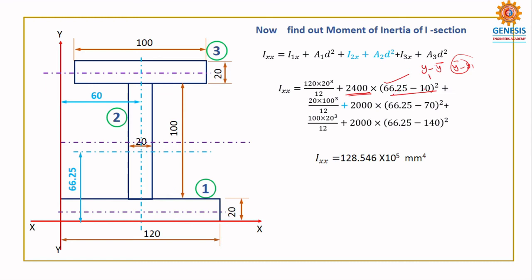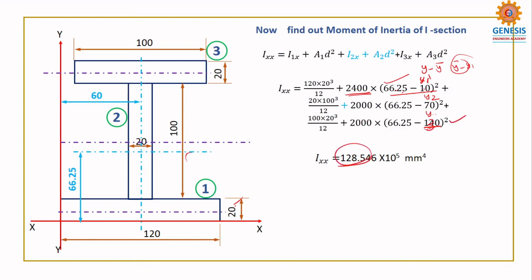So it is 66.21. You already got y1, y2 and y3. I think it is 130, no? I think this is 120, 130. So you verify that.